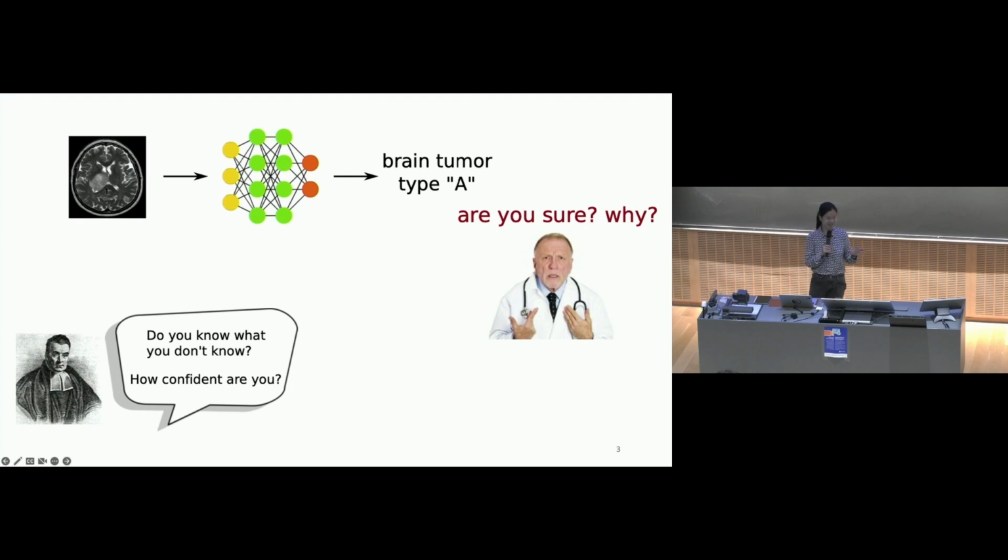So if we want doctors to use AI to help decision making, the AI cannot only produce a prediction result, even when it has high accuracy on some standard test data set. No. You need some other reassurance for the doctors in order for them to trust the result.